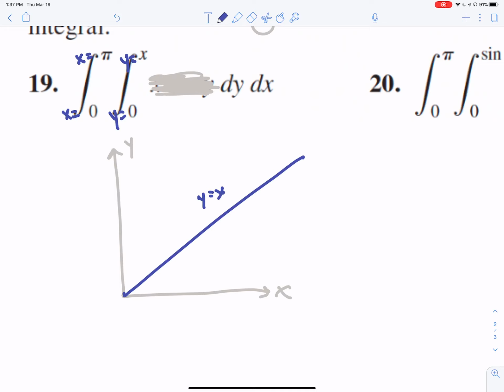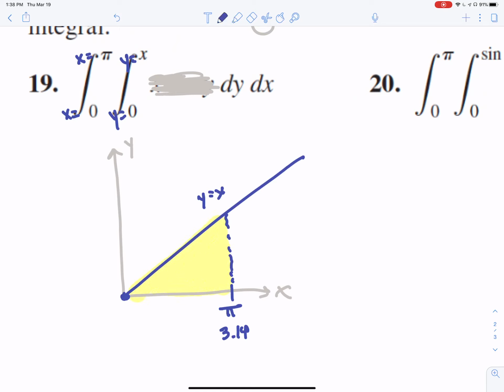There's y equals x. And then we're going from x equals 0 to x equals pi. And pi is just a number that'll live around here. That's like 3.14 or something. And then that creates this triangular region right here.